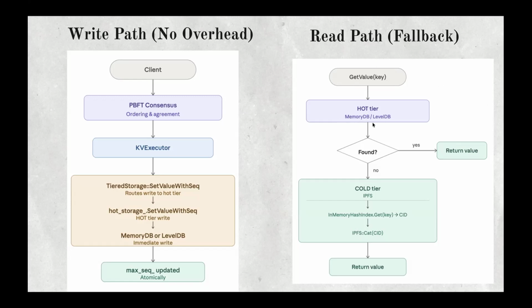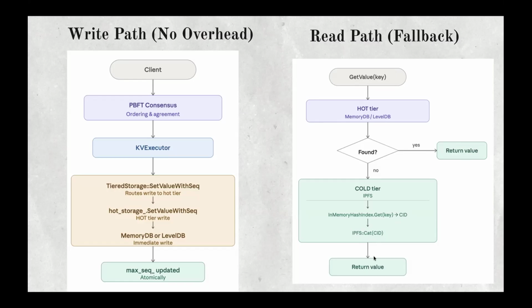Now, once migration has been done for a particular key, if it is found in the hot tier, which is MemoryDB or LevelDB, it directly returns. If it is not found, then it falls back to the cold tier, where it gets the CID from the in-memory hash index, fetches the block from IPFS, and then returns the value.